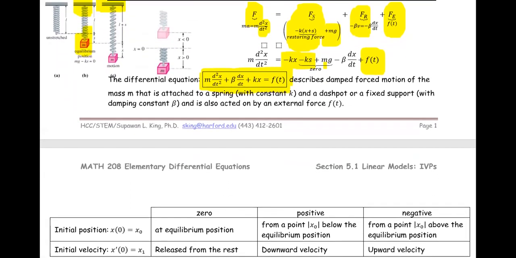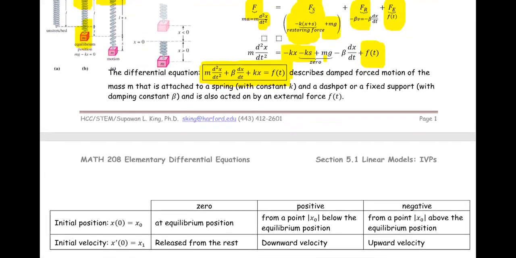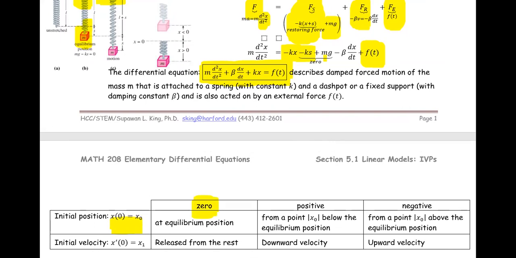Okay, and with these differential equations we get the position of the mass at time t. For t equals zero, the initial position, if it starts at the equilibrium position, x at zero is going to be zero. The sign of the initial condition depends on the position.